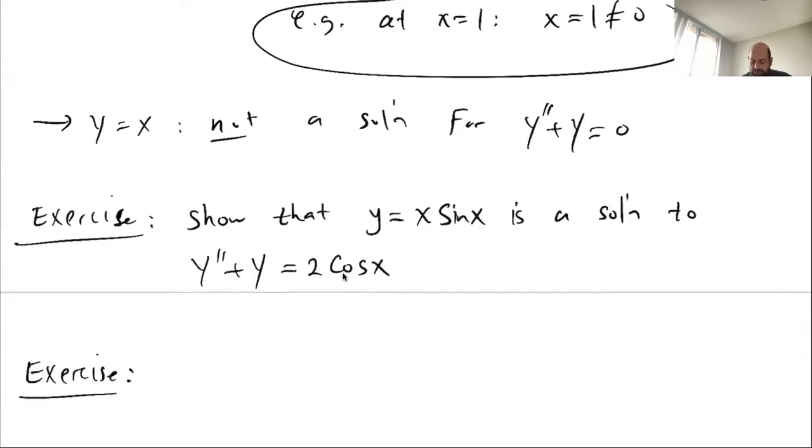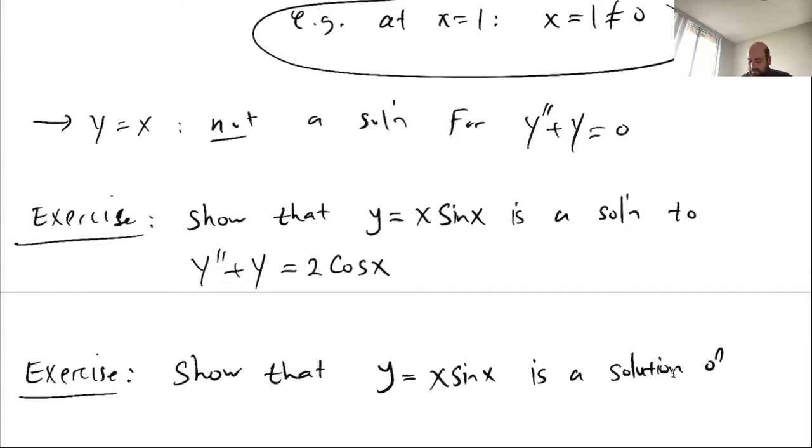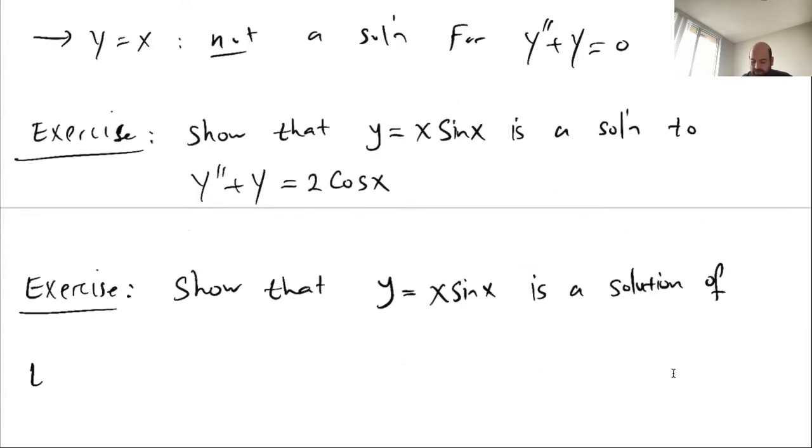Now another exercise: show that y equals x sine x is a solution of the equation y fourth derivative plus y second derivative equals minus 2 cos x.